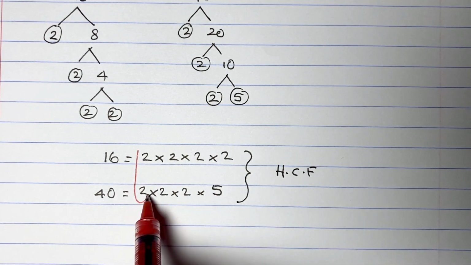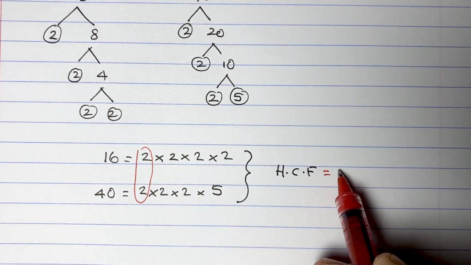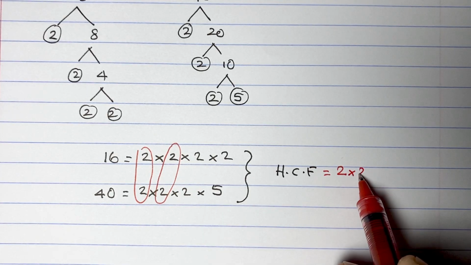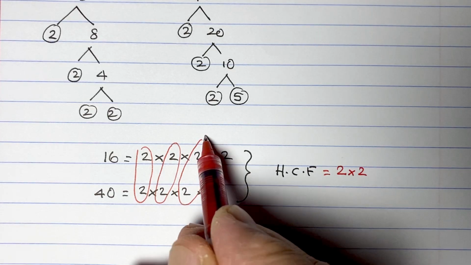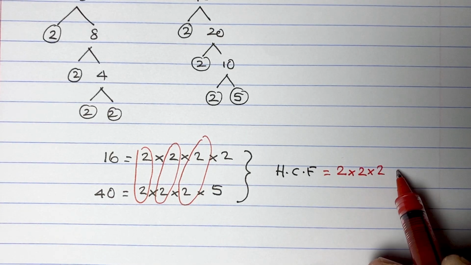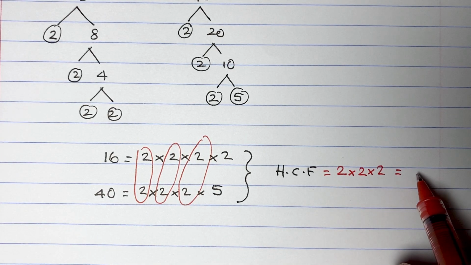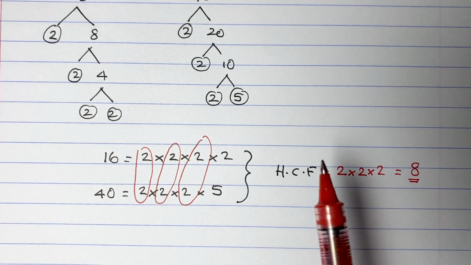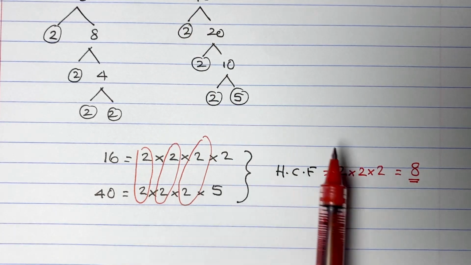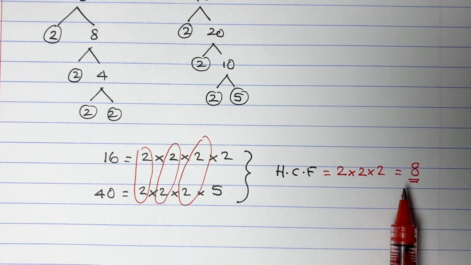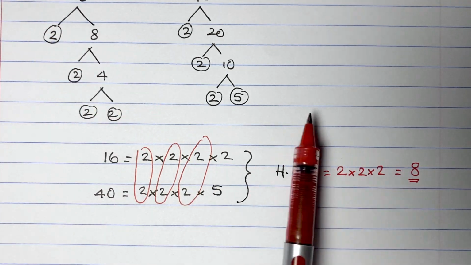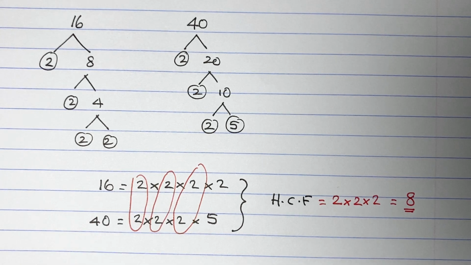There is a 2 in common. There is another 2 in common. And finally another 2 in common. So 2 times 2 times 2 is 8. 16 and 40 can both be divided by 8, the biggest number. 8 is the biggest number that can fit into 16 and into 40.